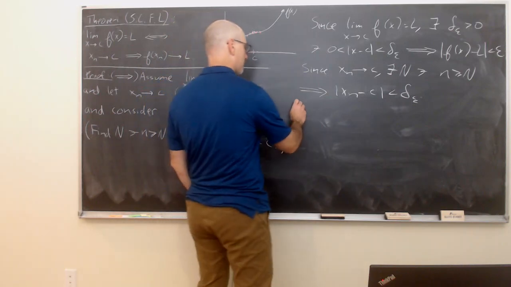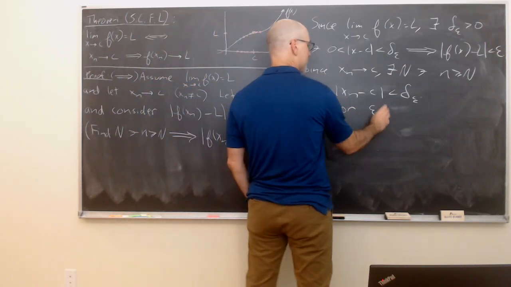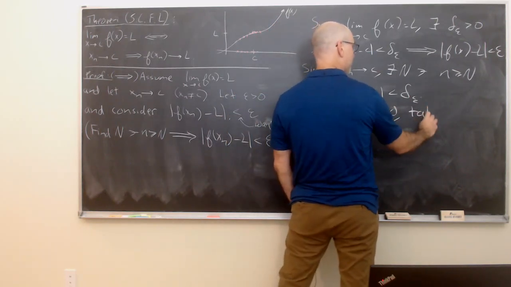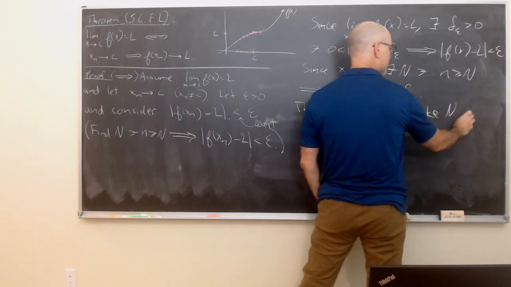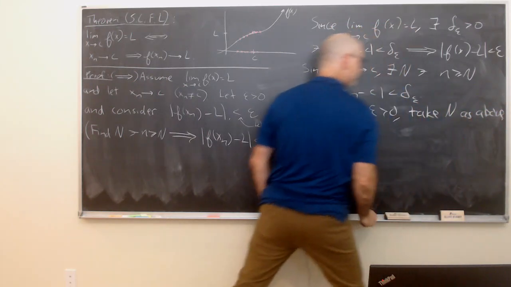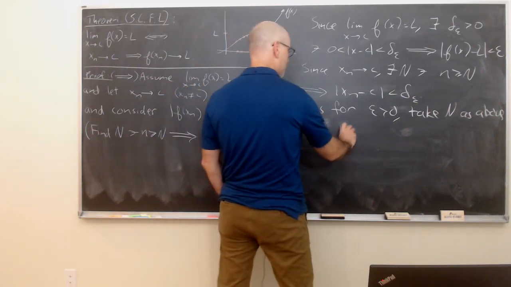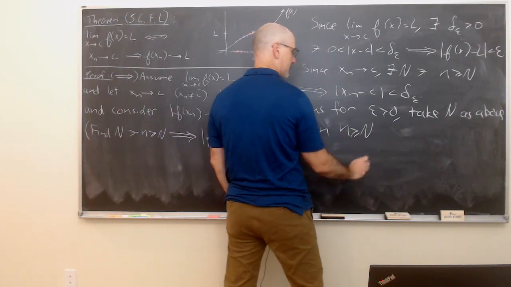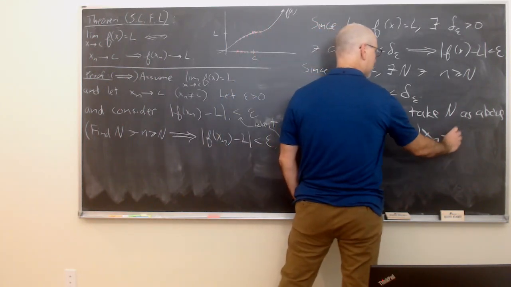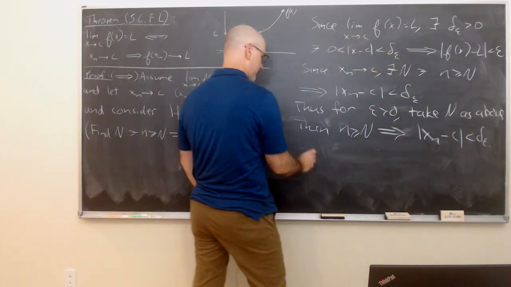So for epsilon bigger than 0, take N as above, and n bigger than capital N implies that x_n minus c is less than delta.